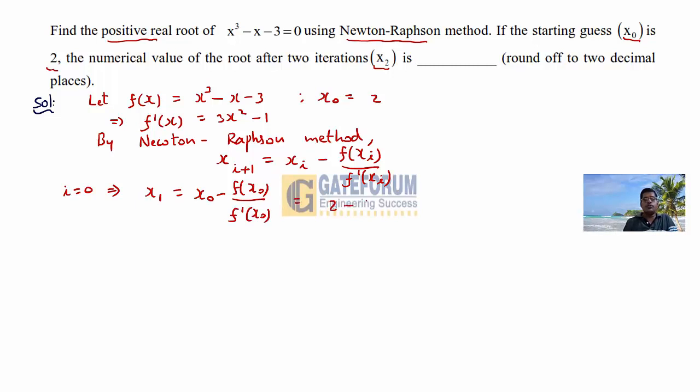For f of x naught, put x is equal to 2 in f(x): 2 cube is 8, minus 2 is 6, minus 3, that is f of 2. For f dash x naught, put x is equal to 2 in f dash x: 3 into 2 square is 12, minus 1, 11.